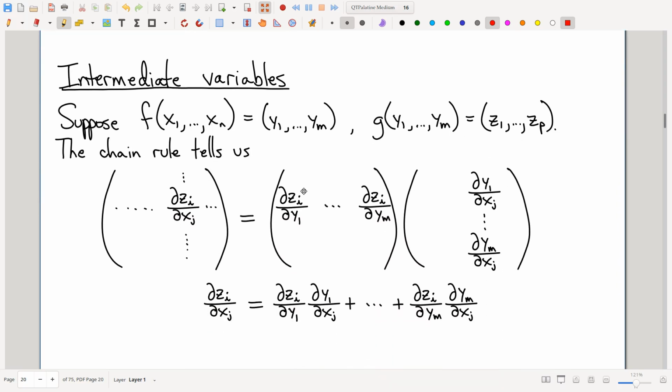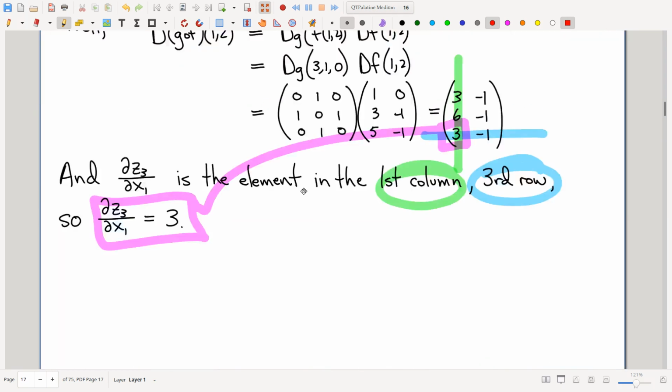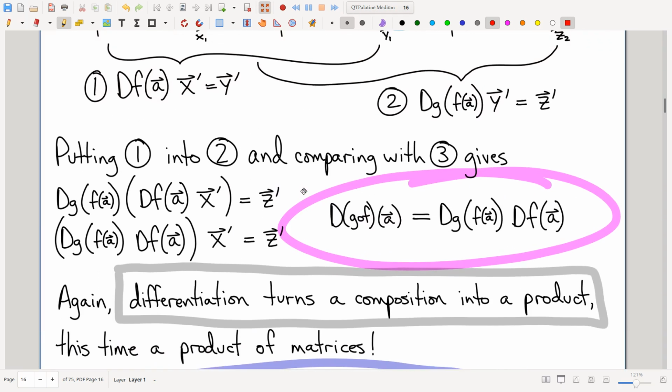Okay. Here's a different point of view. I encourage you to think of this as a secondary point of view. I don't think this should be your primary point of view. I think our primary point of view on the chain rule really should be what we have right here. The matrix form.